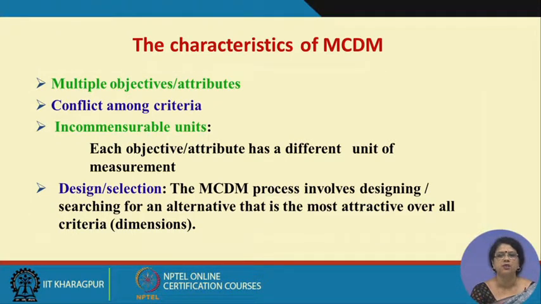That is why the multi-attribute decision making problem is very popular, and without knowing MADM we are practicing it every day, because we are organizing interviews, organizing selection processes, selecting a proposal from a group of project proposals.